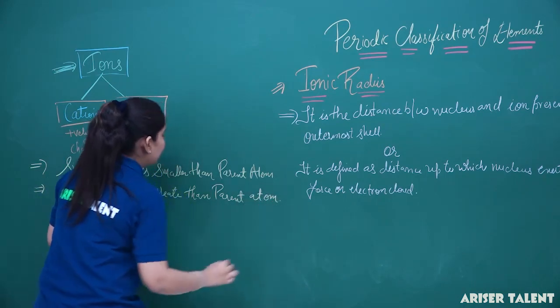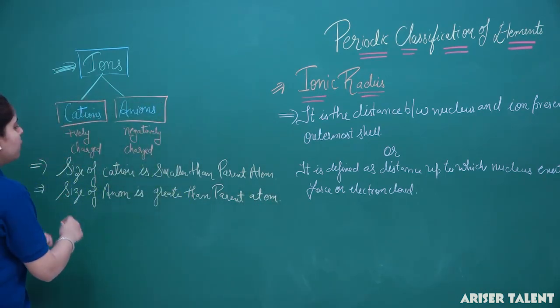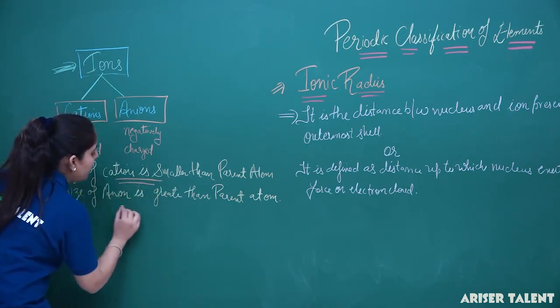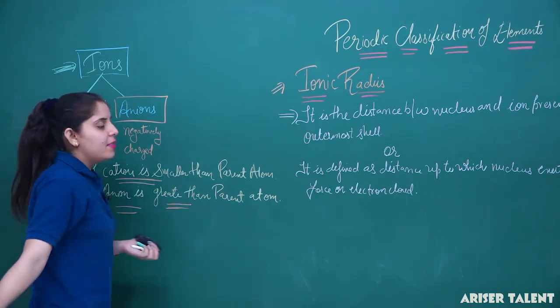So these are the two points that we have concluded: the size of the cation will be smaller than the parent atom and the size of the anion will be greater than the parent atom.